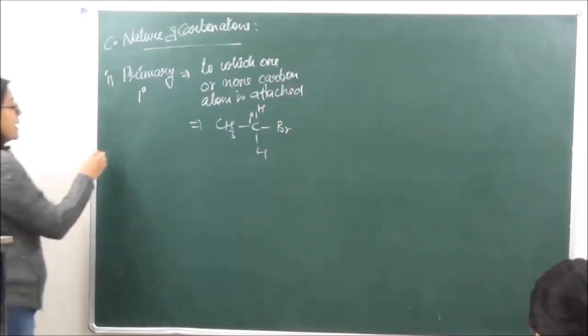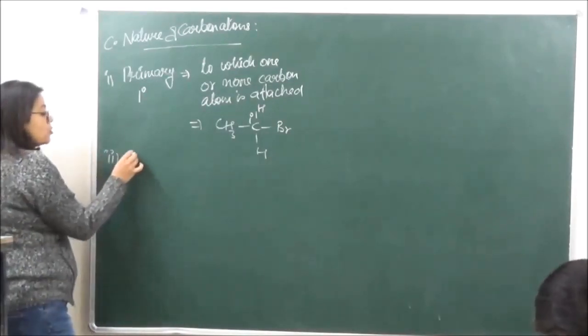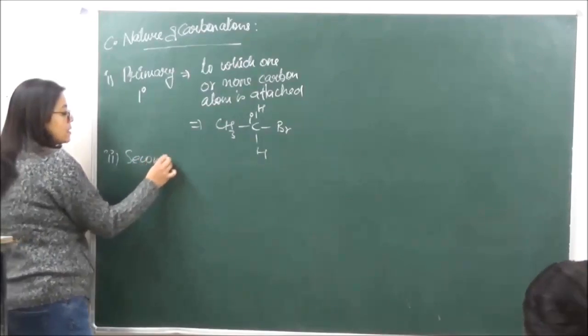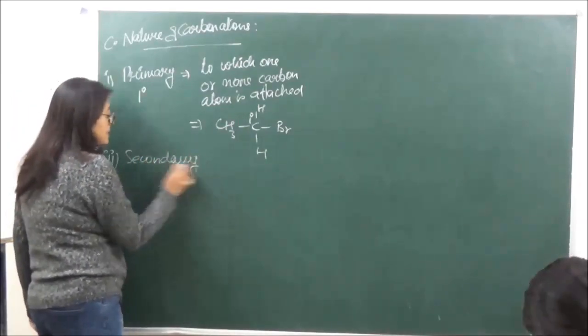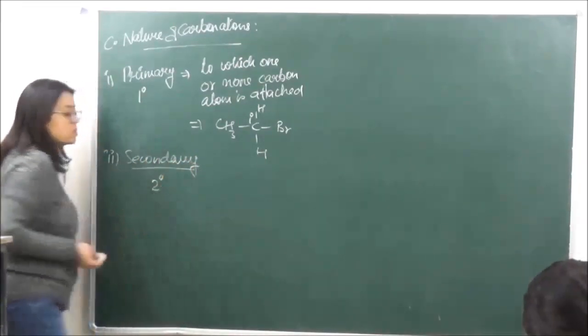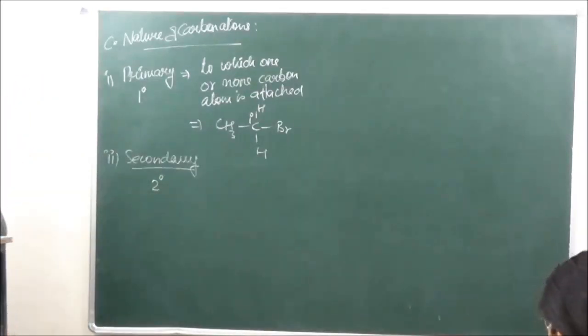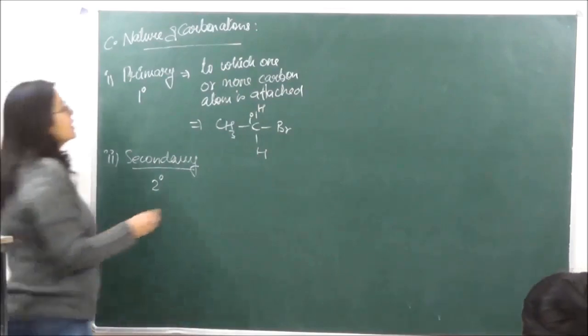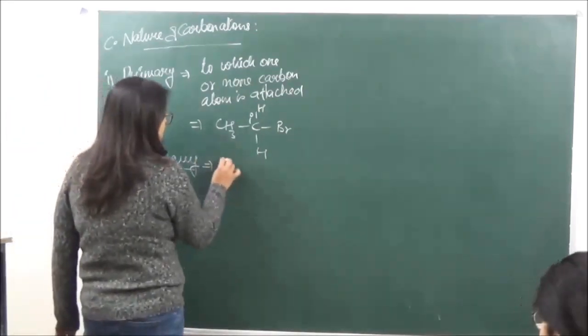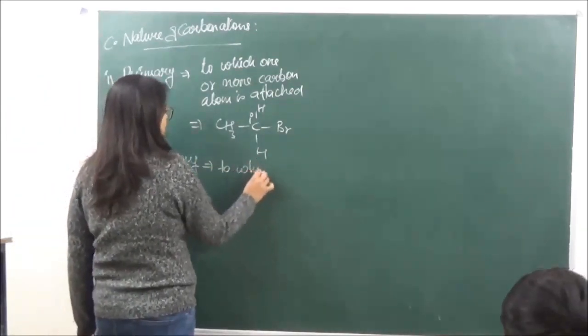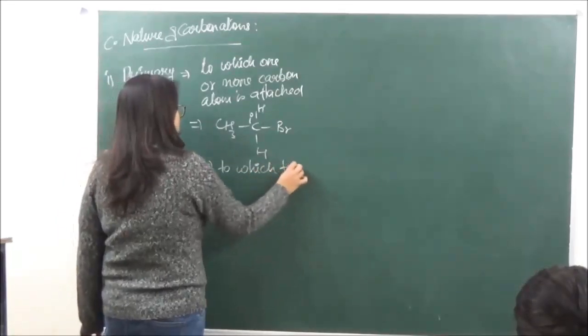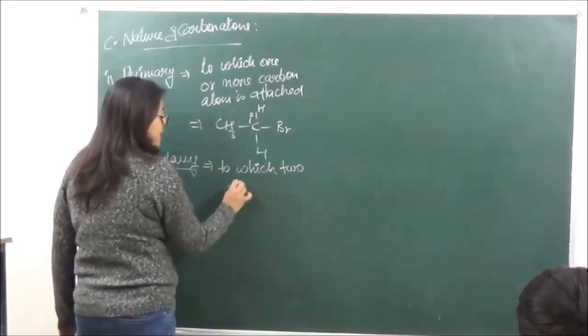ठीक है, second जो हमारे पास आता है that is known as secondary carbon atom, or it is more predominantly known as 2-degree carbon atom. In this case, that carbon atom to which two other carbon atoms are attached.